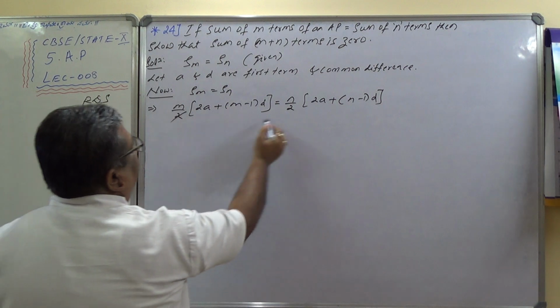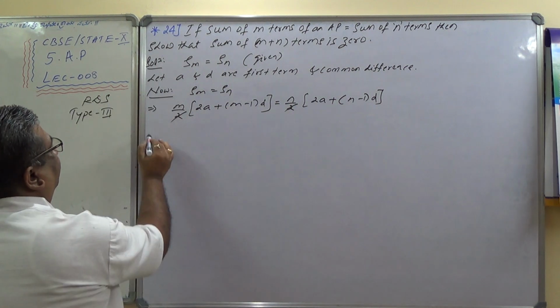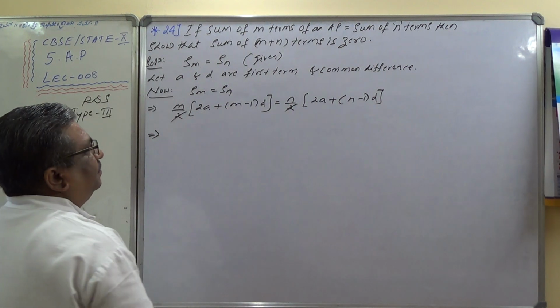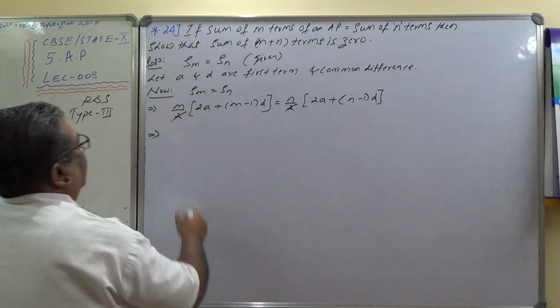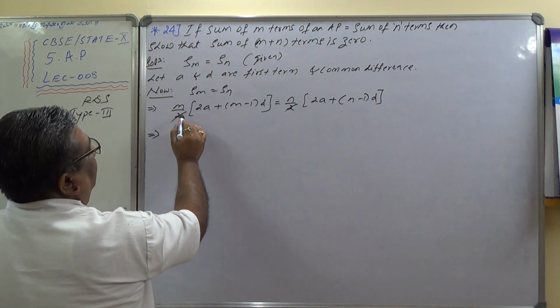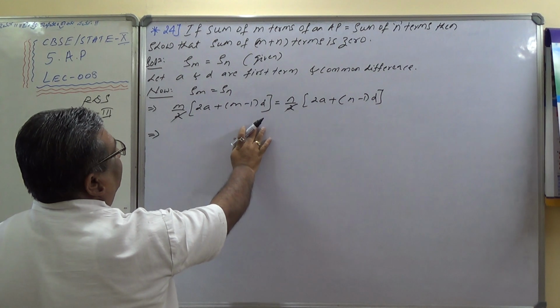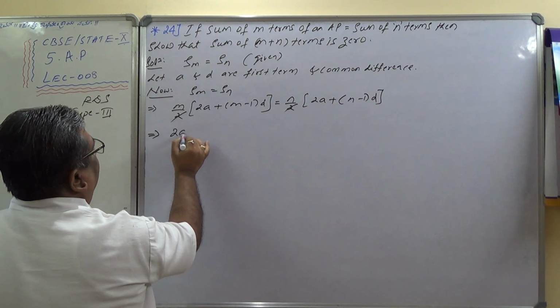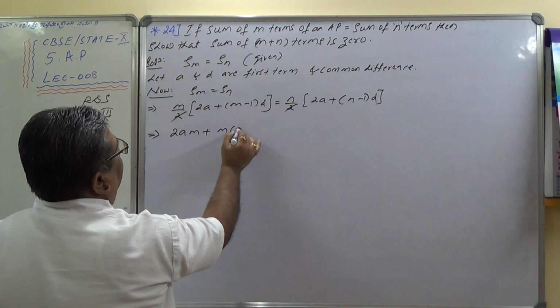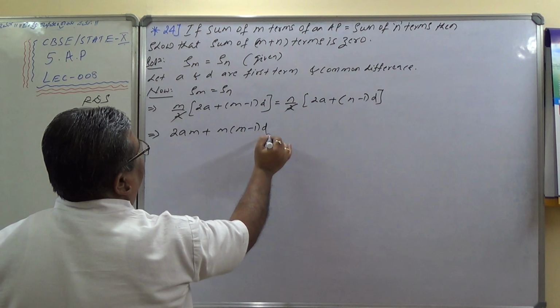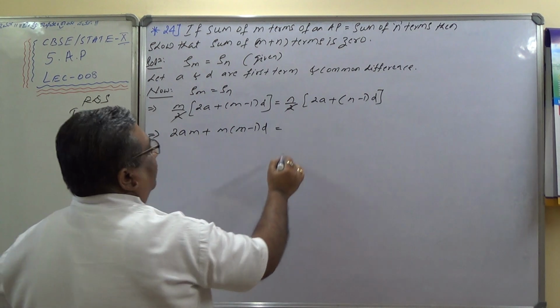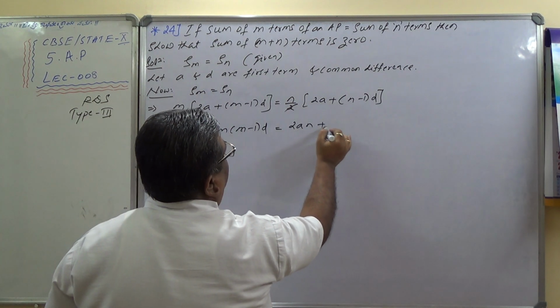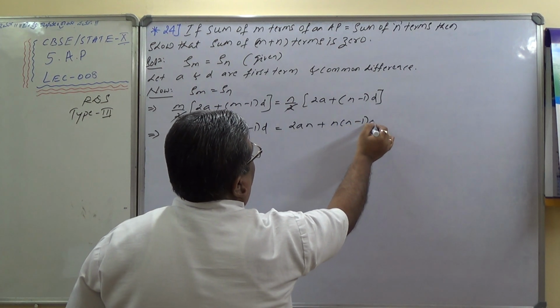So this 2 cancels. Take m inside and open the bracket: 2am plus m into m minus 1 times d equals 2an plus n into n minus 1 into d.